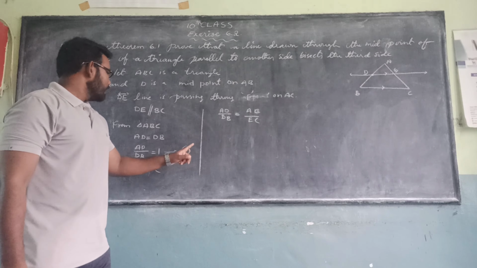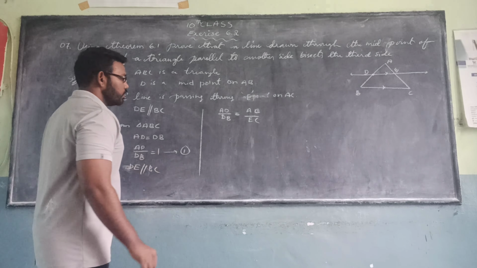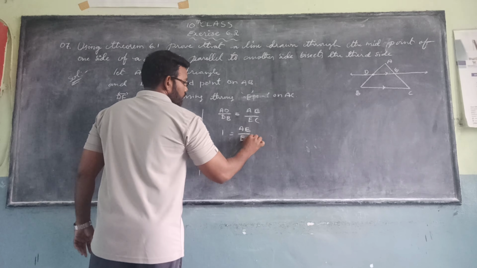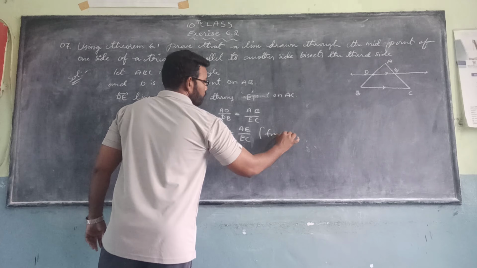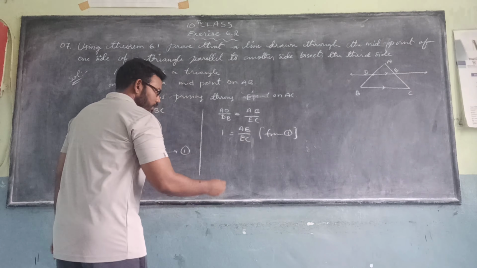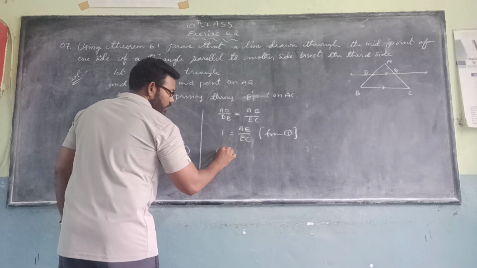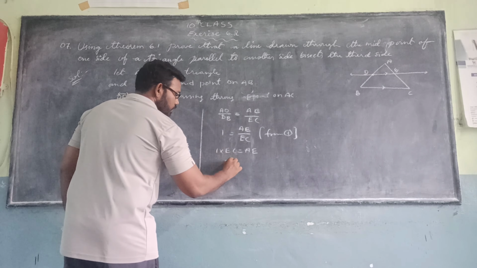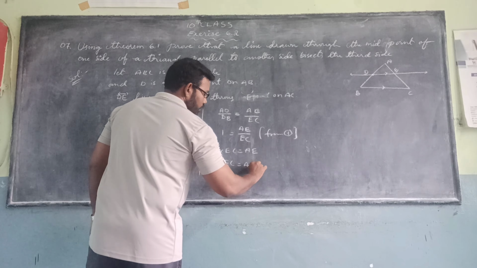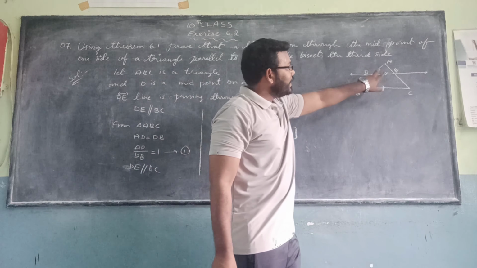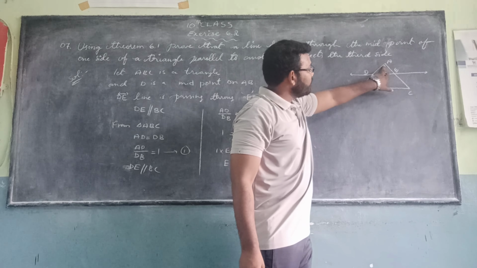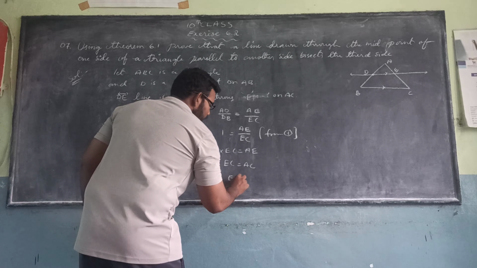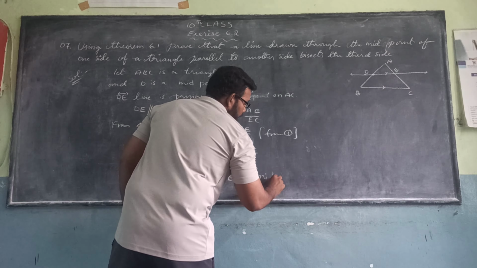So here we get AD by DB as 1. So we write 1 is equal to AE by EC from 1. That means if you do cross multiplication, 1 into EC is equal to AE, which gives EC is equal to AE. So here clearly we find that the length of AE and the length of EC are equal. That means E is a midpoint.